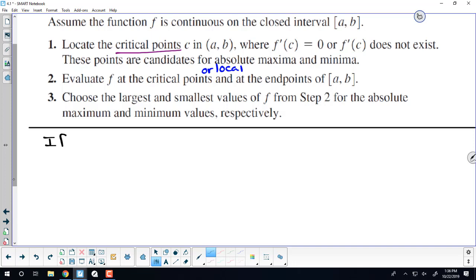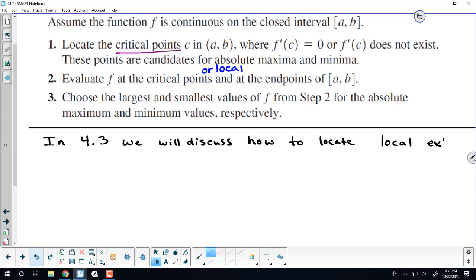We'll just say that in section 4.3, which is the next section we'll look at, towards the end of chapter 4, we will discuss how to locate our local extrema, our local maximums and minimums.